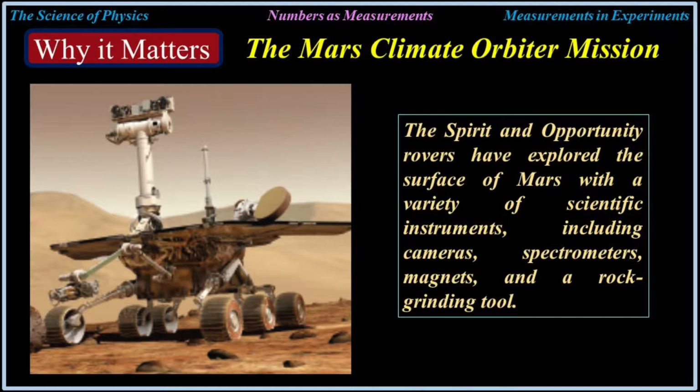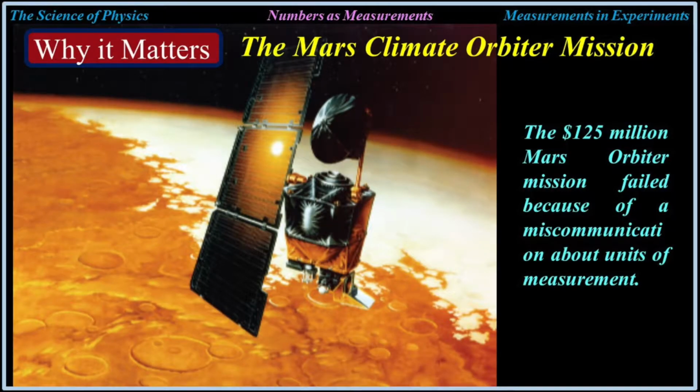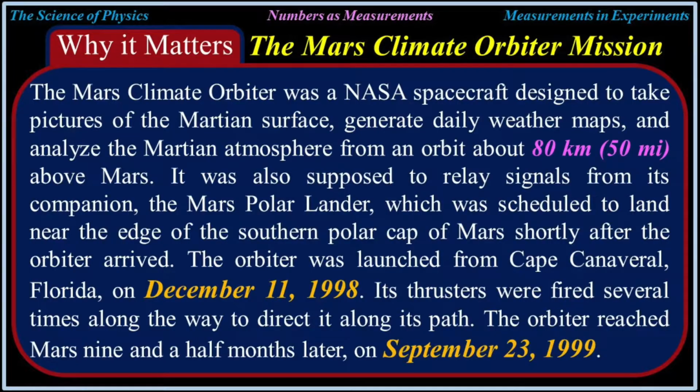The Spirit and Opportunity rovers have explored the surface of Mars with a variety of scientific instruments, including cameras, spectrometers, etc. The Mars Climate Orbiter mission, the $125 million Mars Orbiter mission, failed because of a miscommunication about units of measurements. That's absolutely true. They didn't do their significant figures correctly.